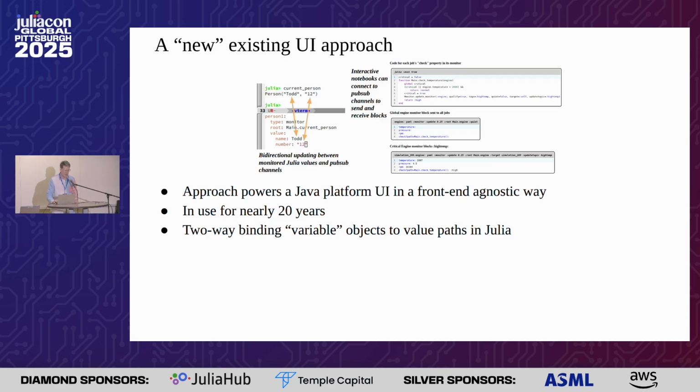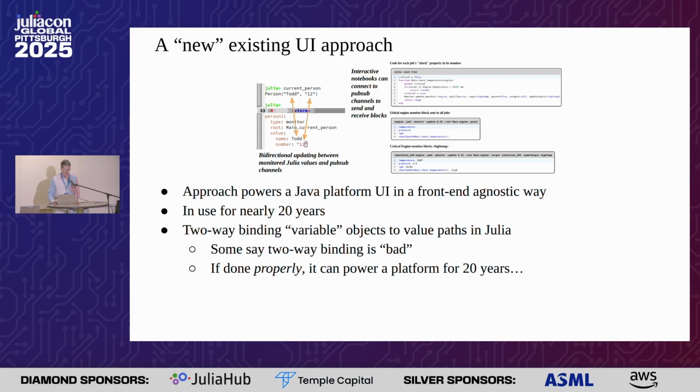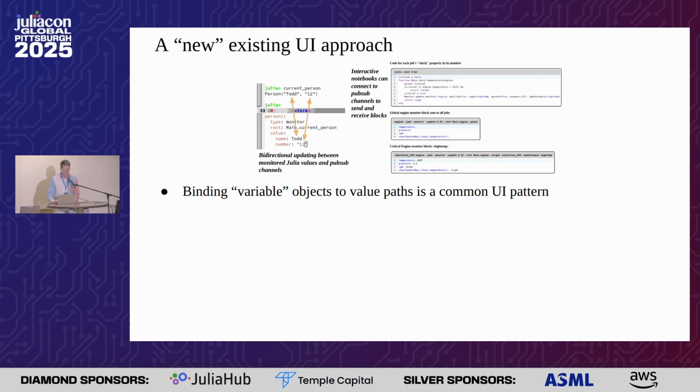It uses two-way binding for variable objects to bind those variables to paths within Julia. And some people say two-way binding is bad, but if you do it right, you can power a platform for 20 years with it. Binding variable objects is a common UI pattern these days.